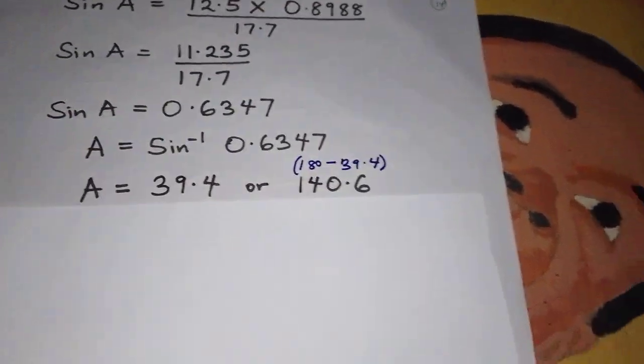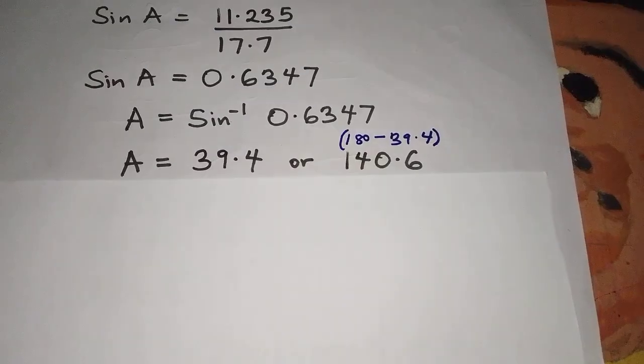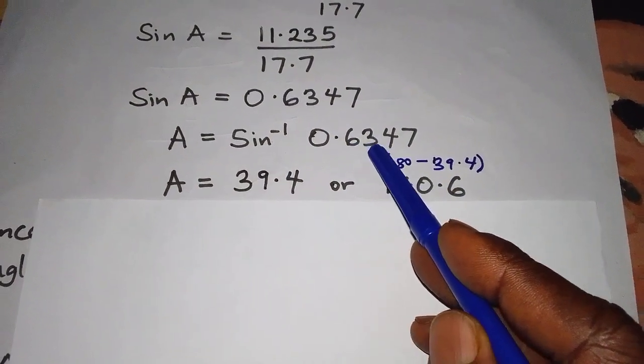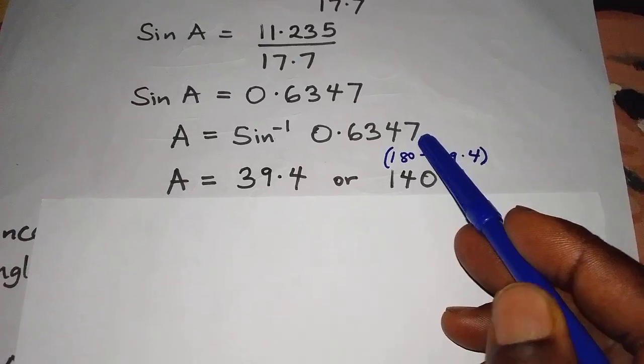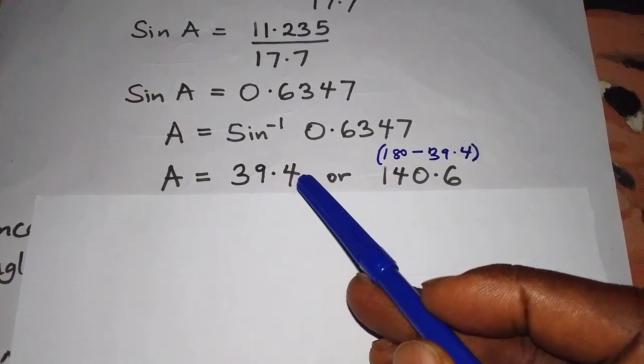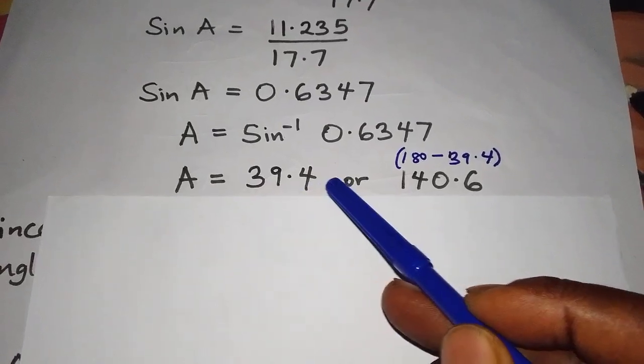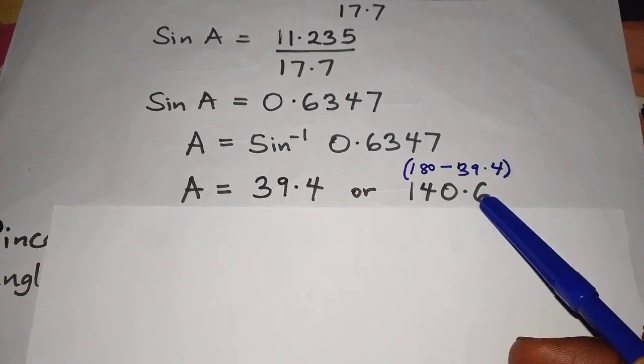If you look for the sine of 140.6, it is going to give you 0.6347. So the value of A can be either 39.4 or 140.6.